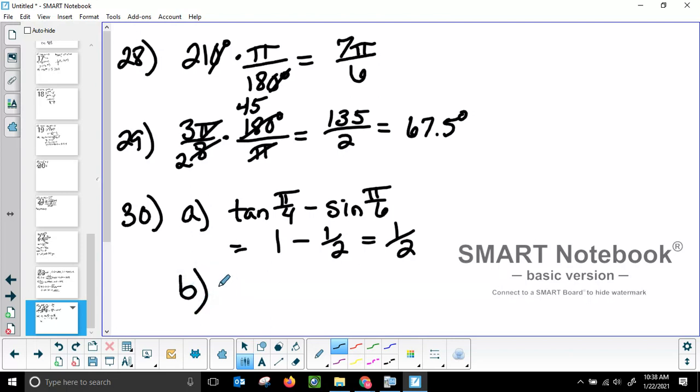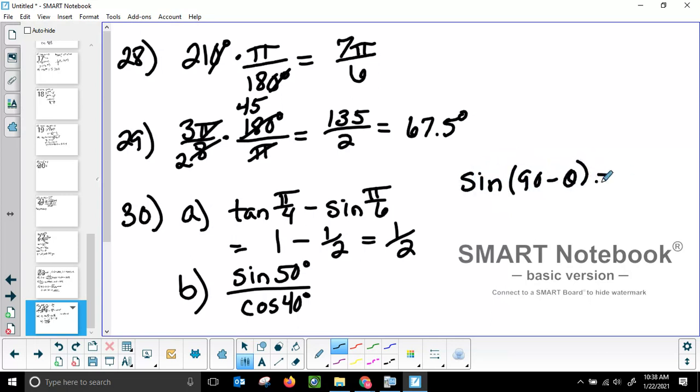All right, and B, sine of 50 degrees over cosine of 40 degrees. Well, one of our trig identities, the cofunction identities, says that sine of 90 minus theta equals cosine of theta.